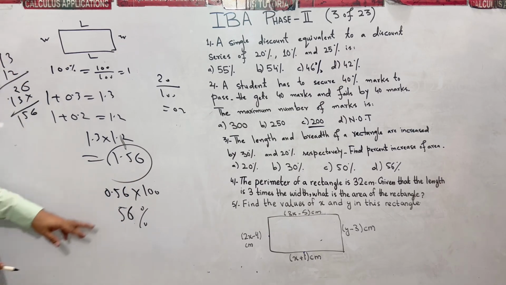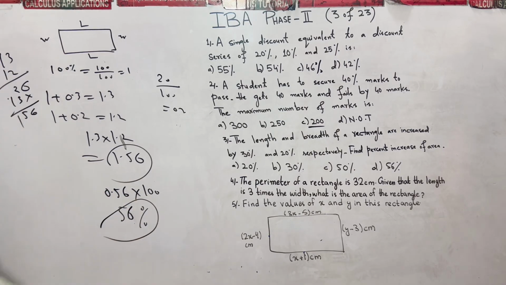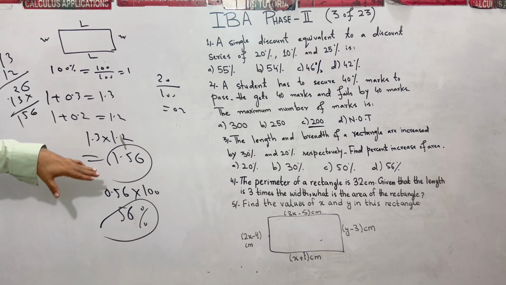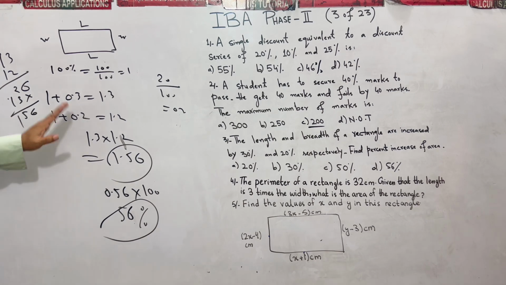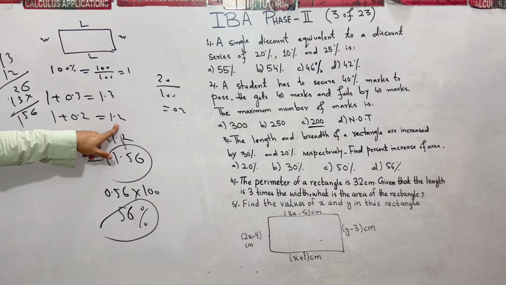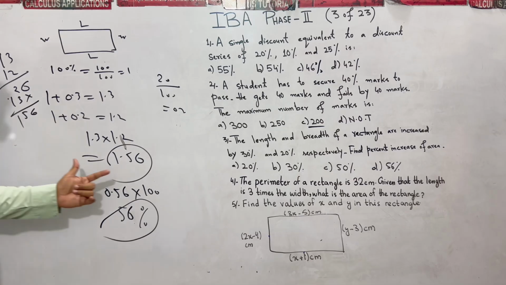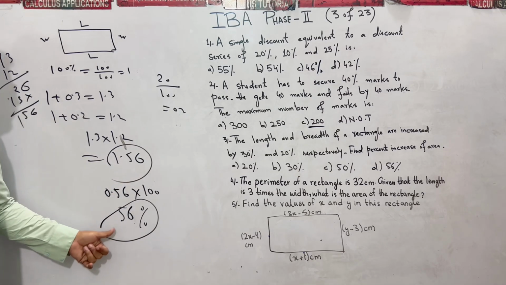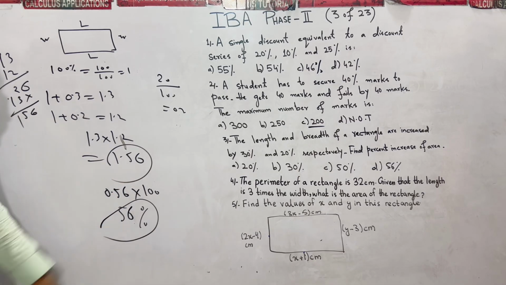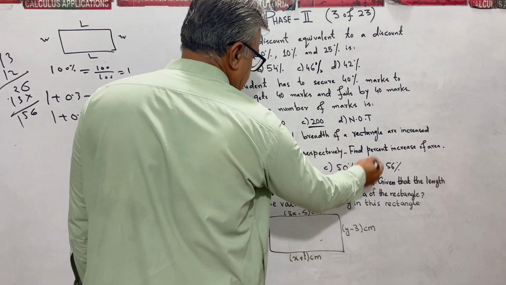Converting this into percentage, 0.56 multiplied by 100, so 56% increase. If we increase length by 30% and width by 20%, the total increase in area is 56%. That's the right option in that case.